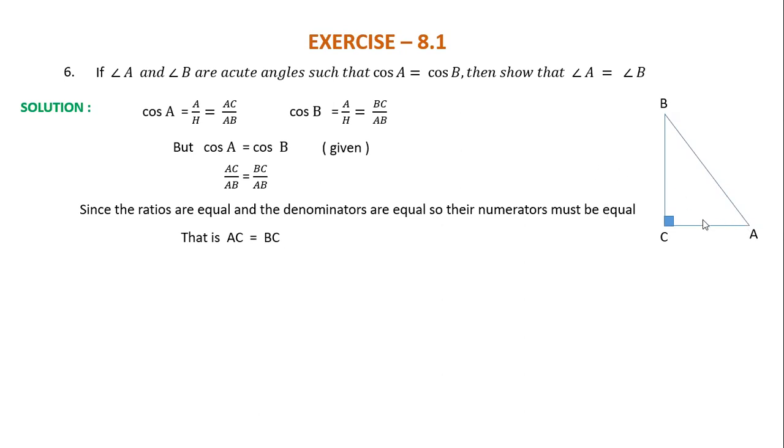If this side and this side both are equal, then angle A must be equal to angle B. Why? Because angles opposite equal sides are equal. Clear? That's all. It's not a very difficult proof, just simple logic.